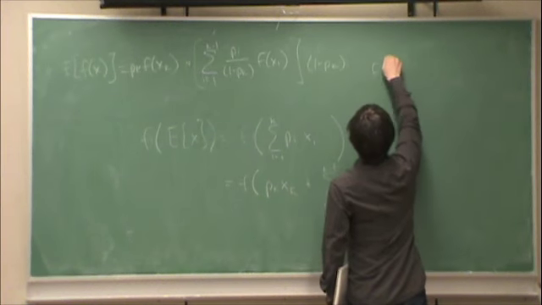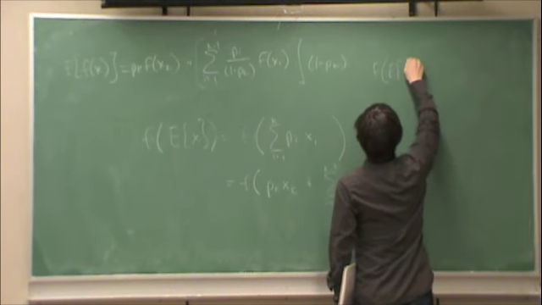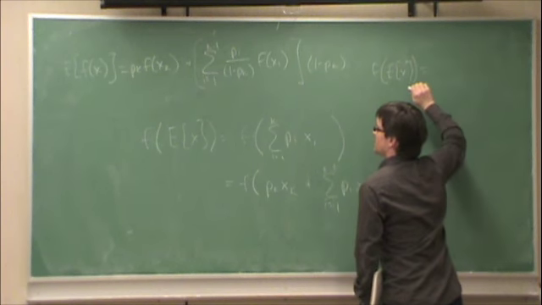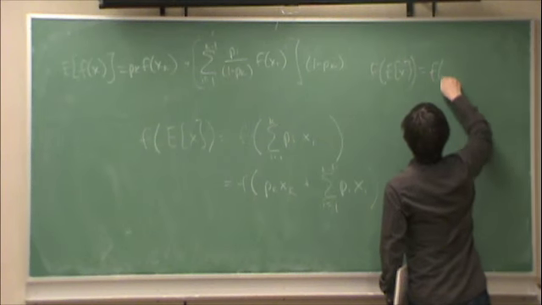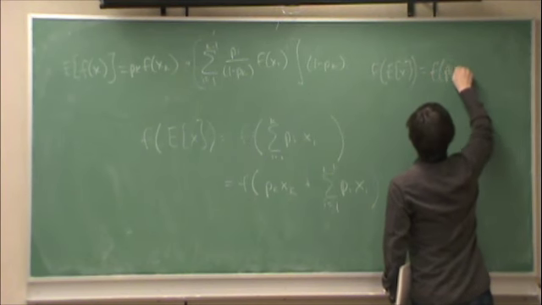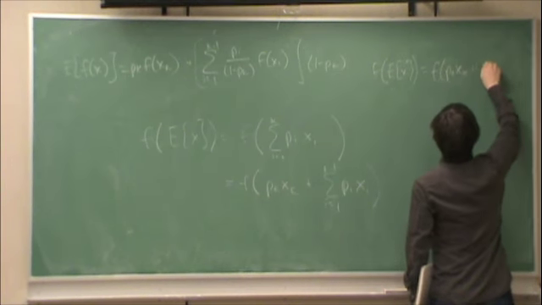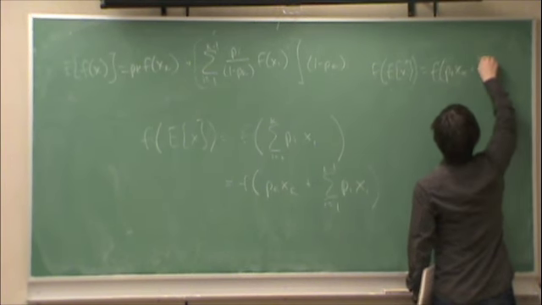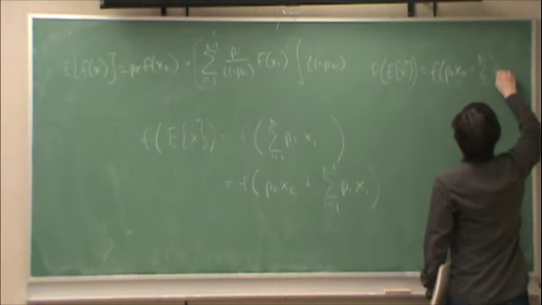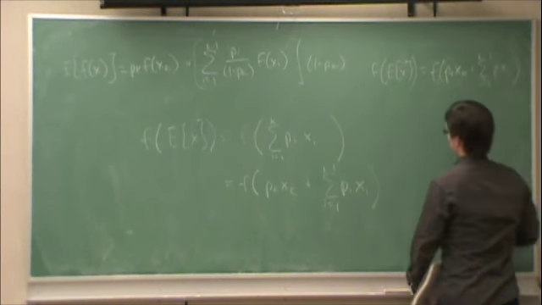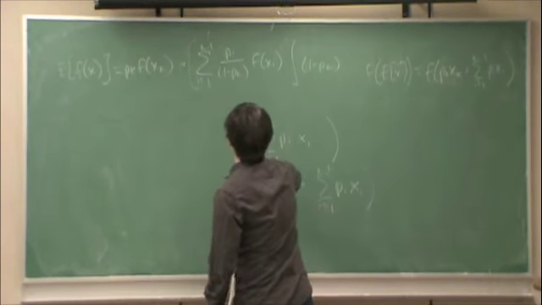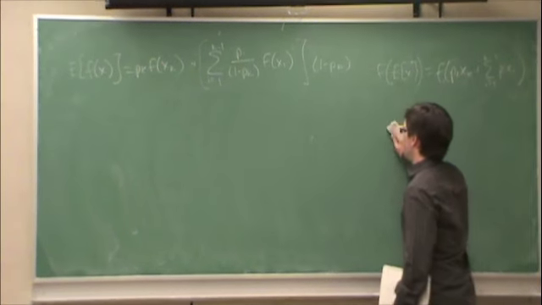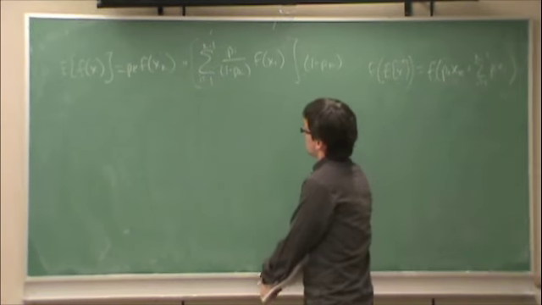This is f of the expected value of x, which is equal to f of pk xk plus the sum from i equals 1 to k minus 1 of pi xi. So there's the two sides. Now we have to bring them together.